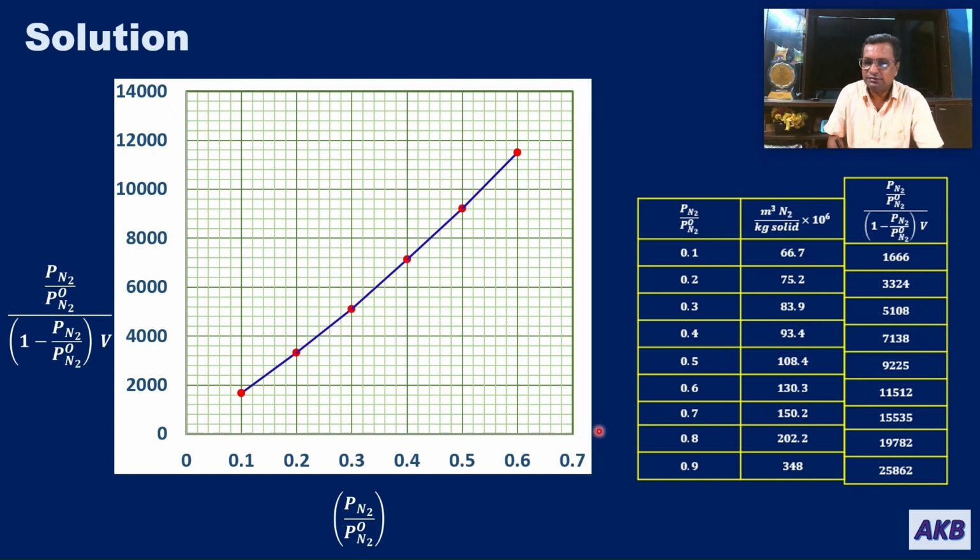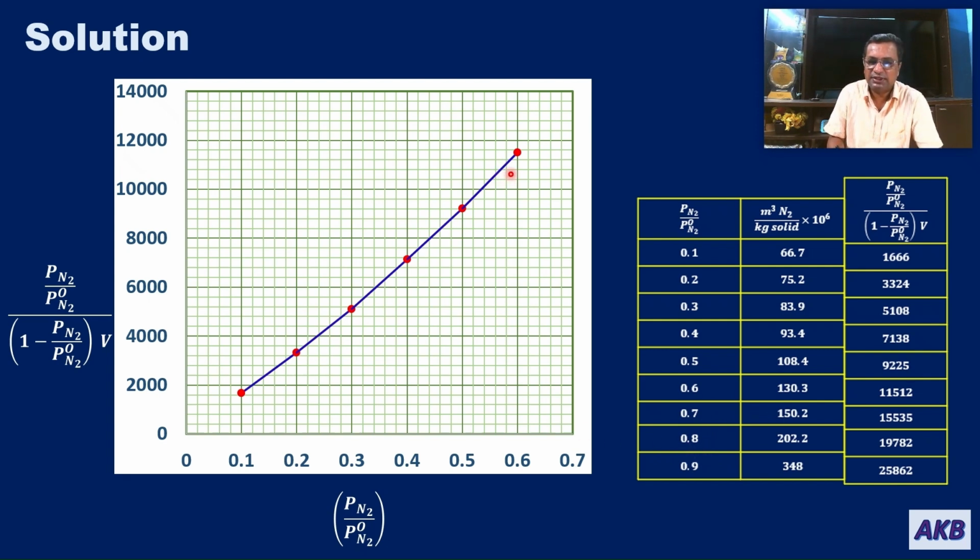Now let me tell you, in order to consider the straight part of the curve, I have just used values up to 0.7 or 0.6. So if I plot values beyond 0.6, I'm going to get a curve.